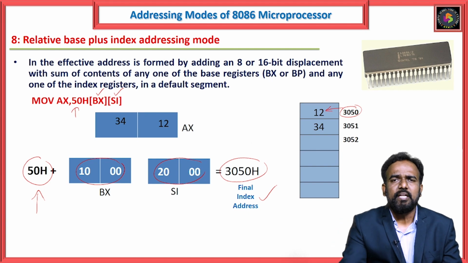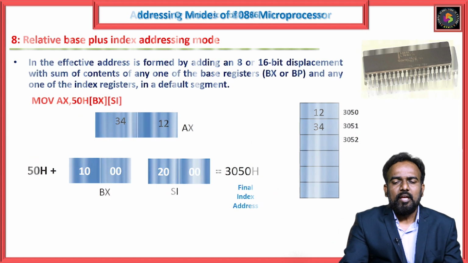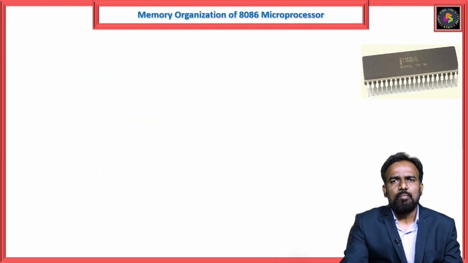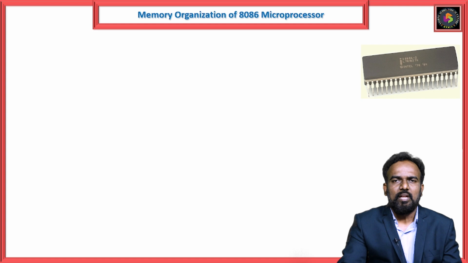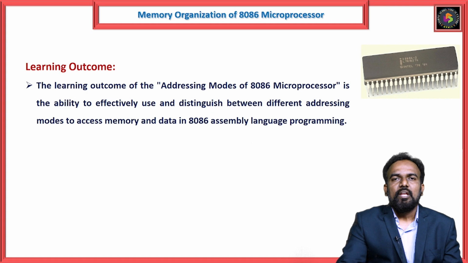These are all the 8 addressing modes of the 8086 microprocessor. With that we can understand the different types of addressing modes available in our 8086 microprocessor, with examples. And finally I am going to conclude today's topic with the learning outcome.